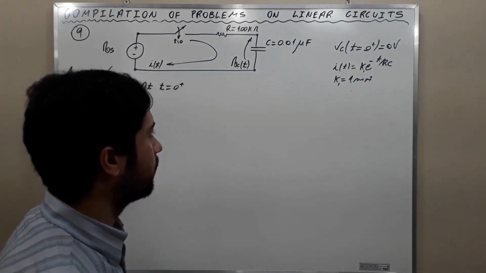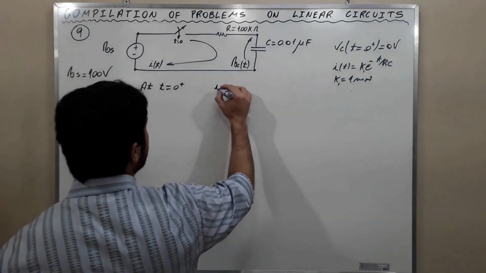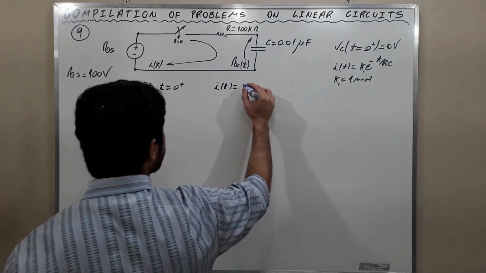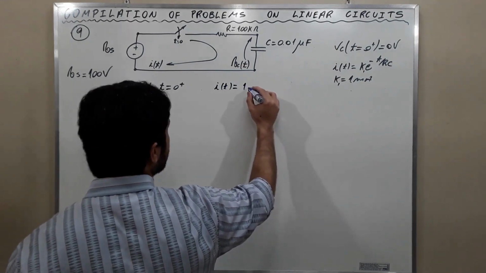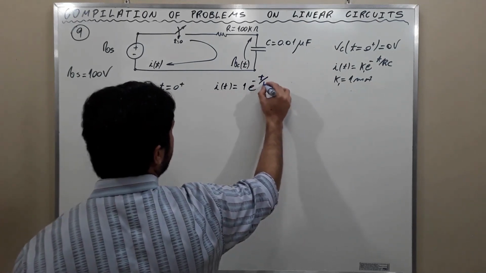And the expression for the current becomes I of t equal to 1 times e to the negative t over RC milliamps.